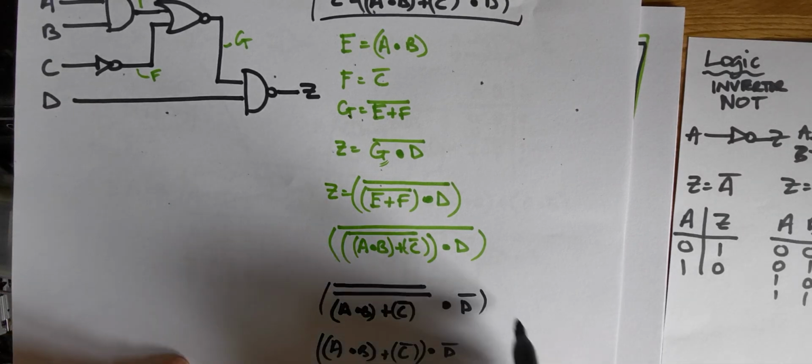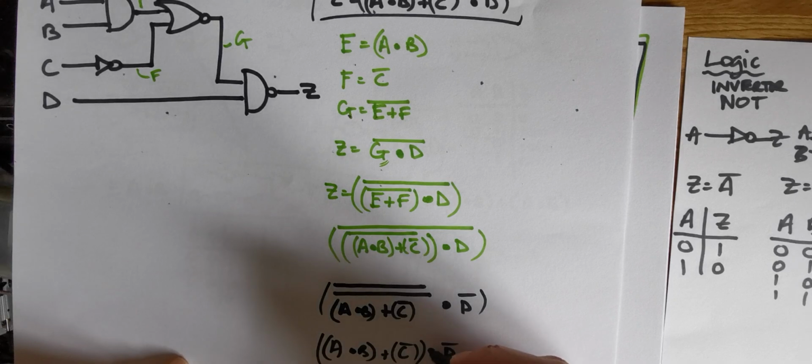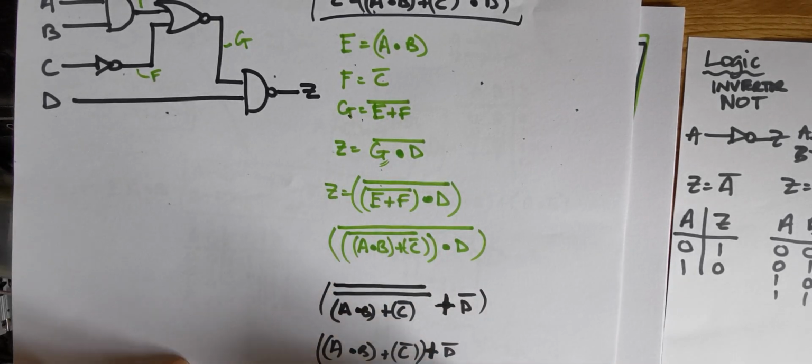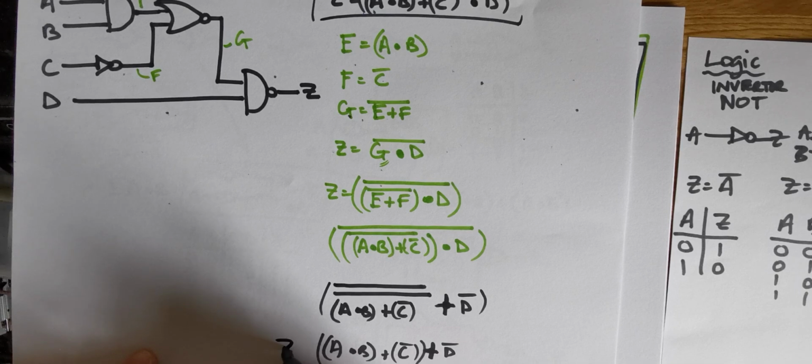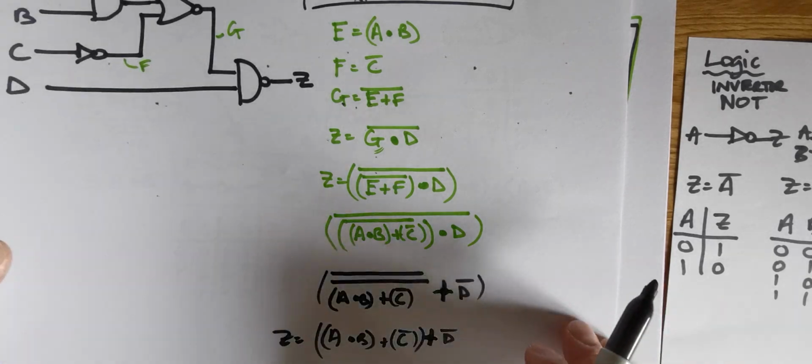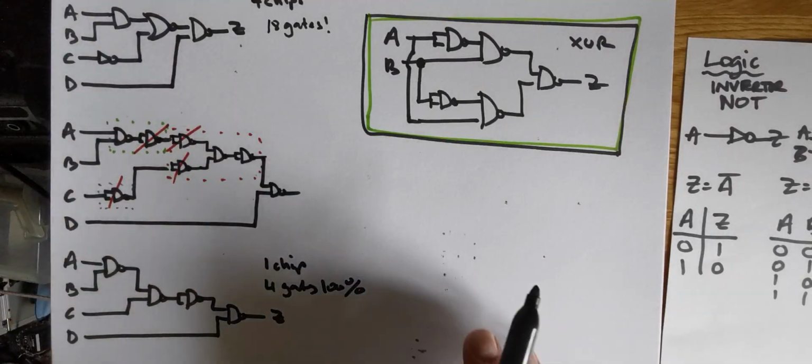Which looks a lot nicer. Oh no, that would be an or in there, because we broke that line and changed that sign. So those are processes you could do, but you're not asked to be able to simplify Boolean terms like that. But you are asked to simplify circuits after NAND equivalence.